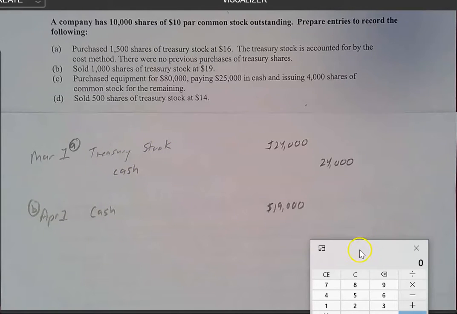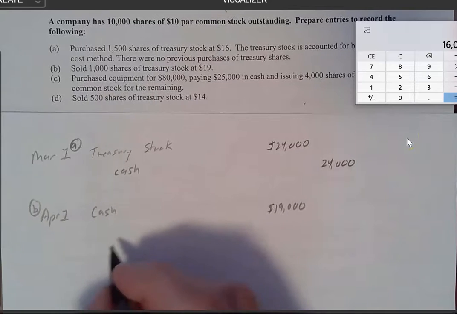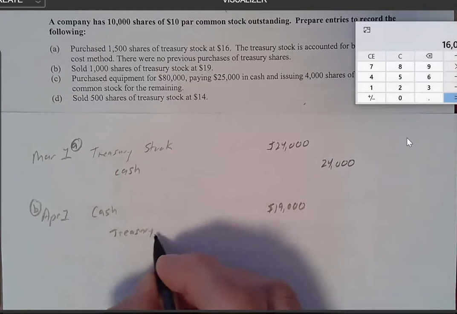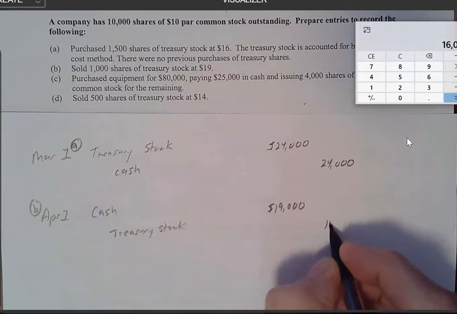So we're going to need to credit treasury stock at cost for $16 because we're using the cost method. So 1,000 times 16 is $16,000. So we are going to credit treasury stock for $16,000.